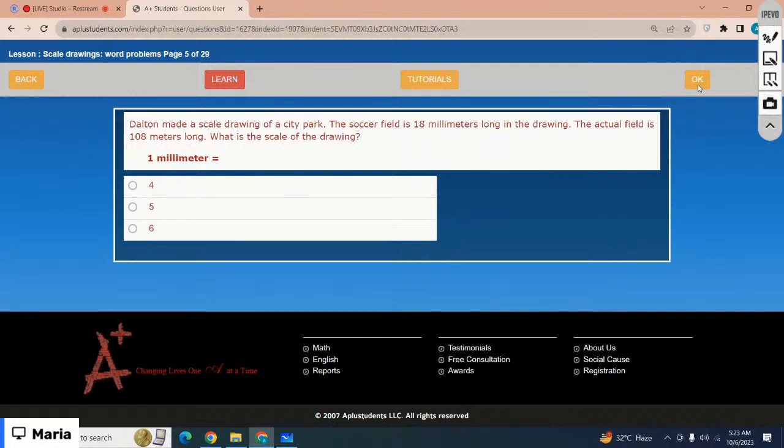You need to see what is the scale. Which is the correct option? The scale is 6 meters. 1 millimeter equal 6 meters, right? The correct option is 6.